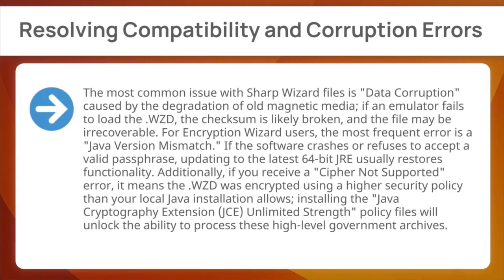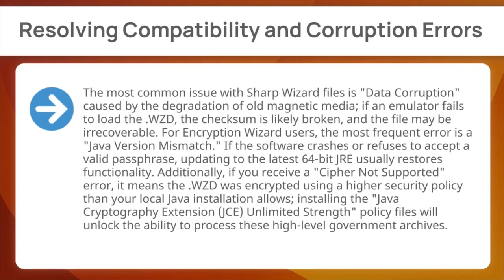The most common issue with Sharp Wizard files is data corruption, caused by the degradation of old magnetic media. If an emulator fails to load the WZD, the checksum is likely broken, and the file may be irrecoverable. For Encryption Wizard users, the most frequent error is a Java version mismatch. If the software crashes or refuses to accept a valid passphrase, updating to the latest 64-bit JRE usually restores functionality.